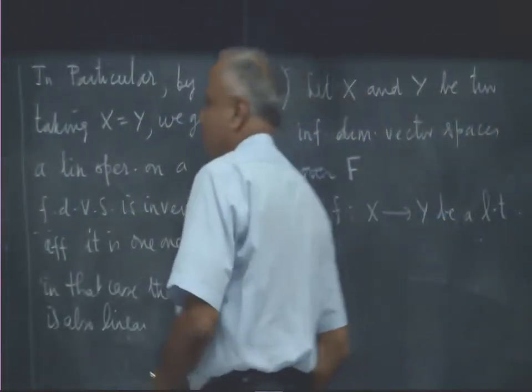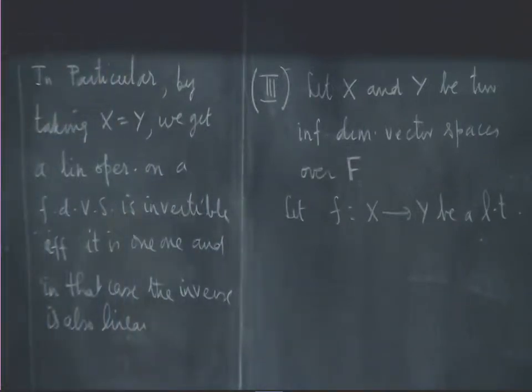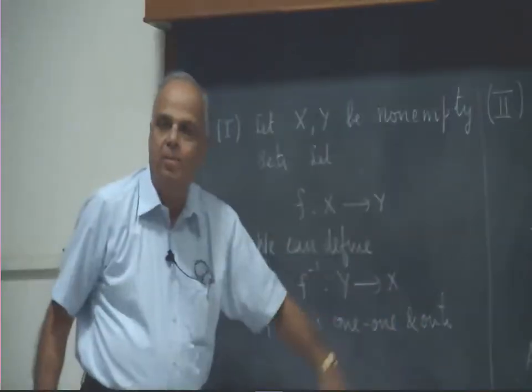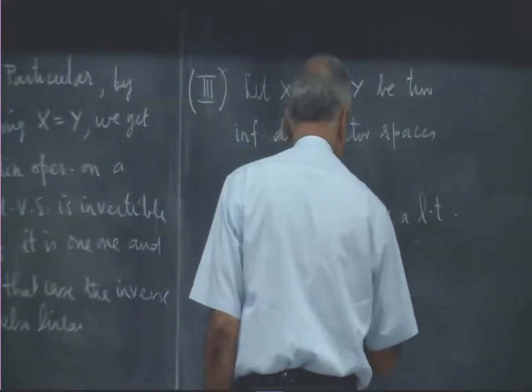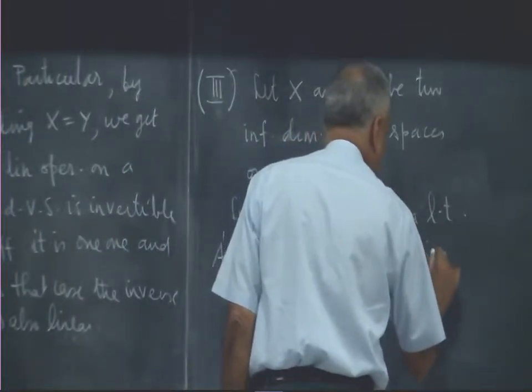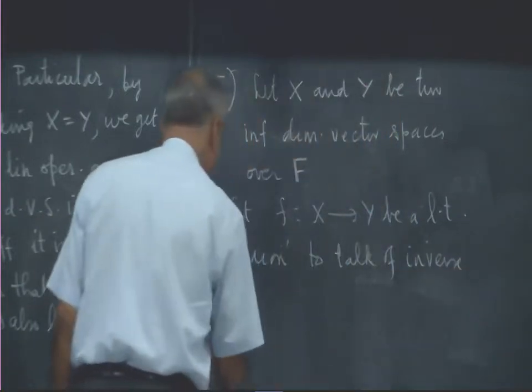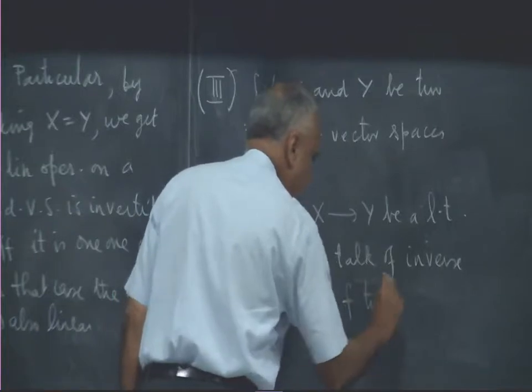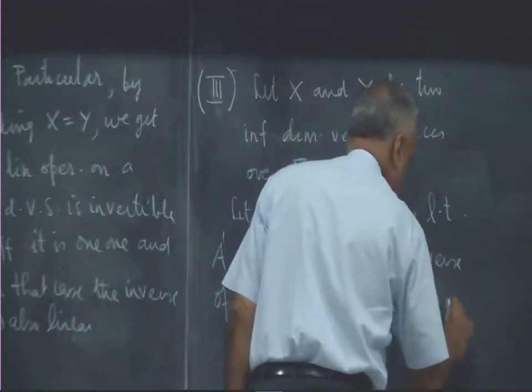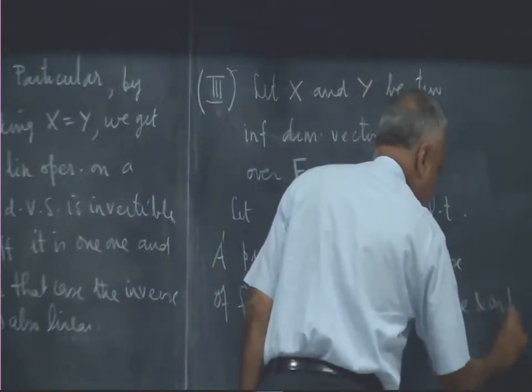Now again, if you want to talk of inverse, a priori you always need 1-1 and onto. It so happened in the finite dimensional case one means the other, so the other one could be removed. So in general, again a priori, to talk of the inverse of F, we need F to be 1-1 and onto.